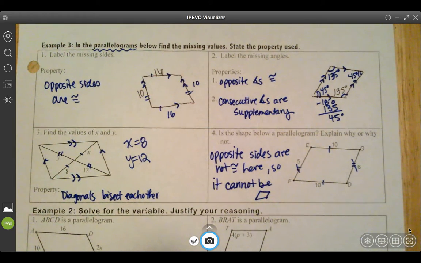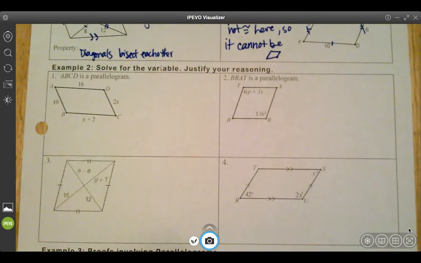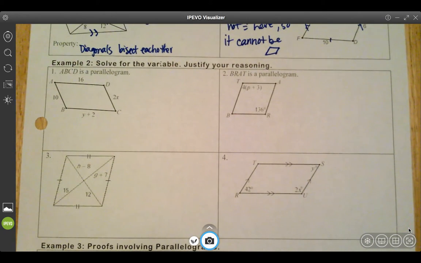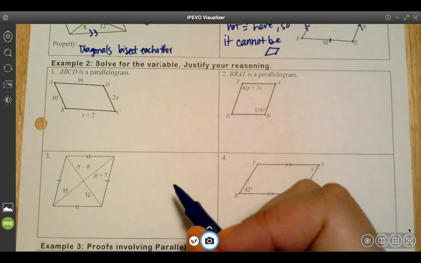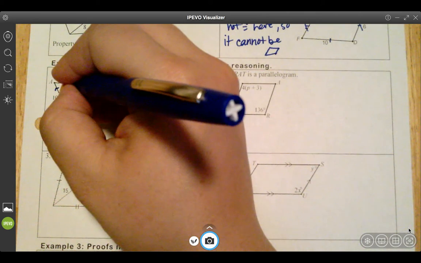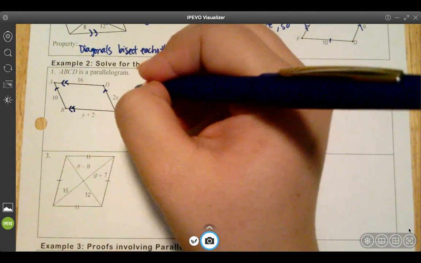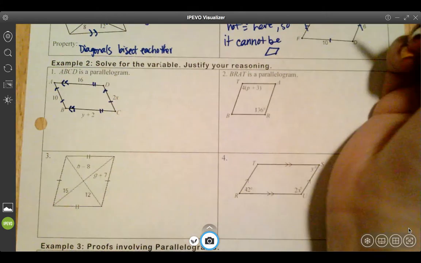Let's look at our next example. So here we want to solve for the variable and justify our reasoning. We know that this is a parallelogram because it just told us, and therefore these opposite sides are parallel, but they are also congruent.